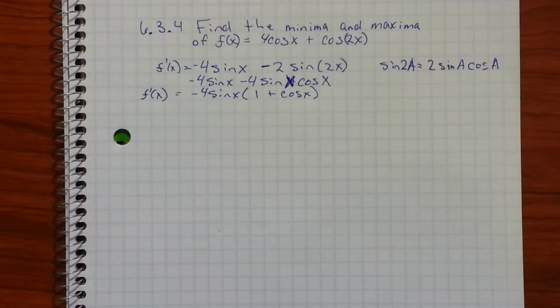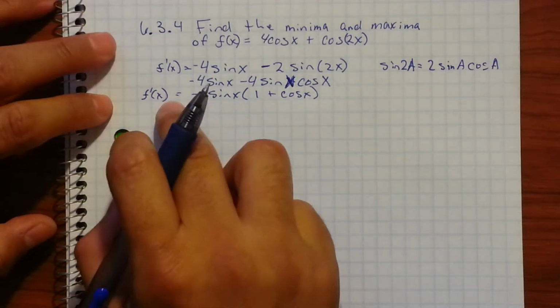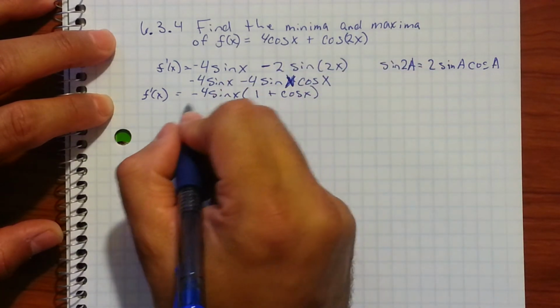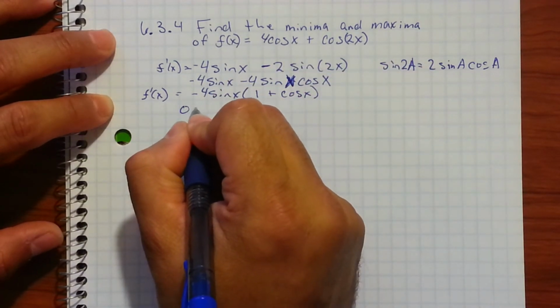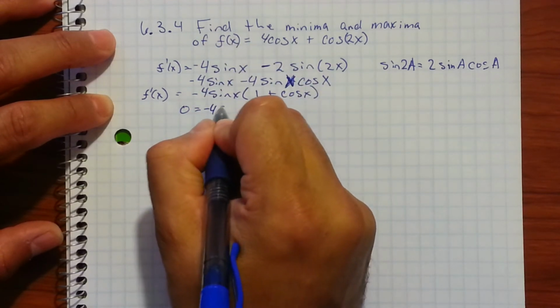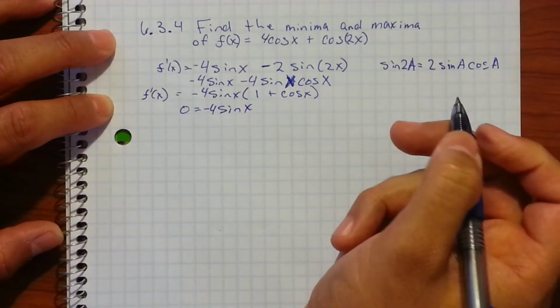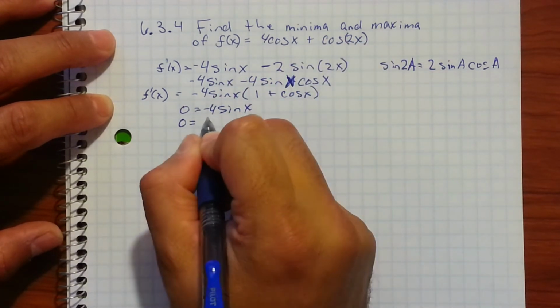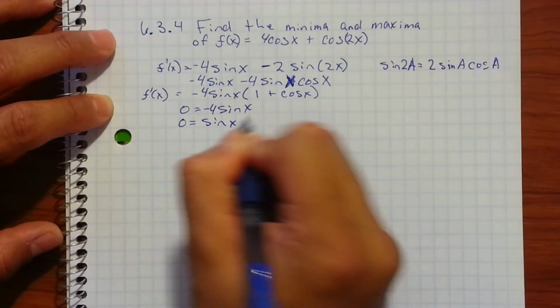Now, from there, to find my minima and maxima, I need to first start by setting my first derivative equal to 0. So when I set this equal to 0, it's factored already, so it's going to be 0 equals, so now this part right here, negative 4 sine x divided by negative 4, so I should get 0 is equal to sine x.